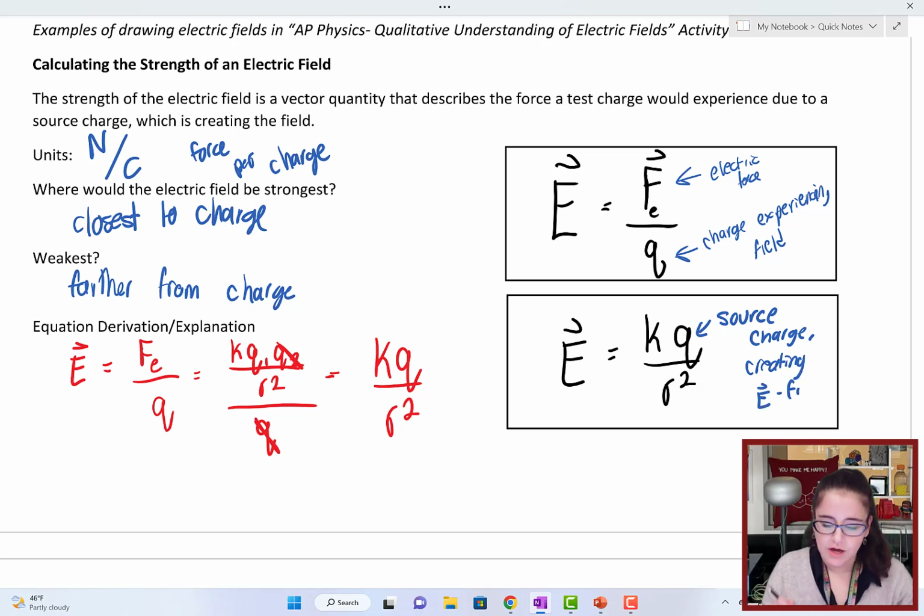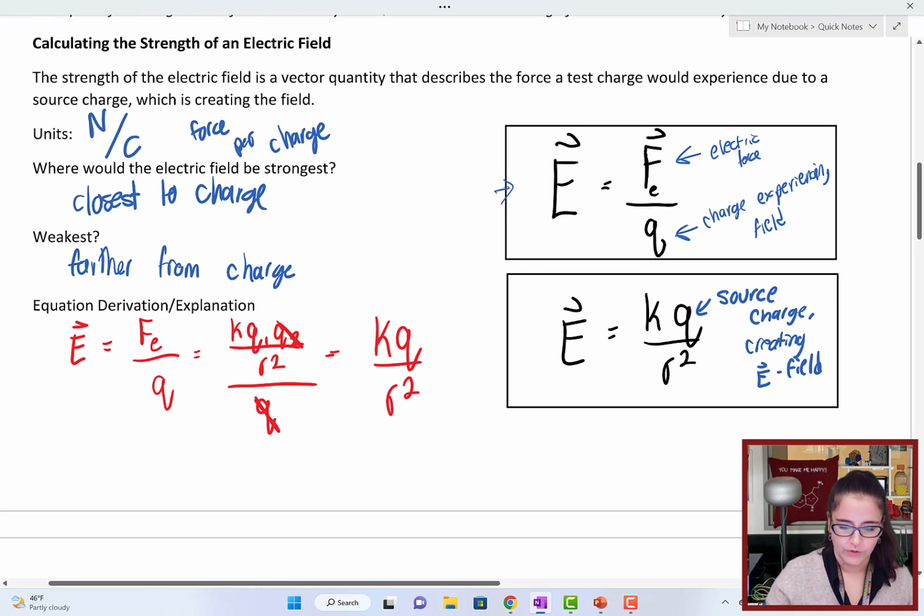So this equation we tend to use more if we're talking about the electric field around a point charge, whereas if we're talking about the force on something experiencing an electric field, we'll tend to use that top one. Okay, cool. So let's go ahead and talk about that force.